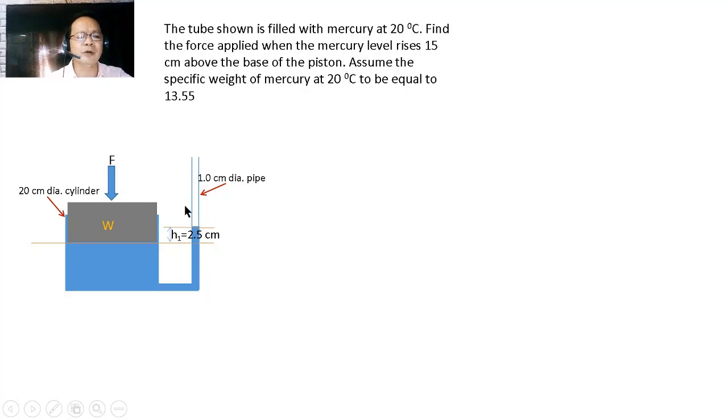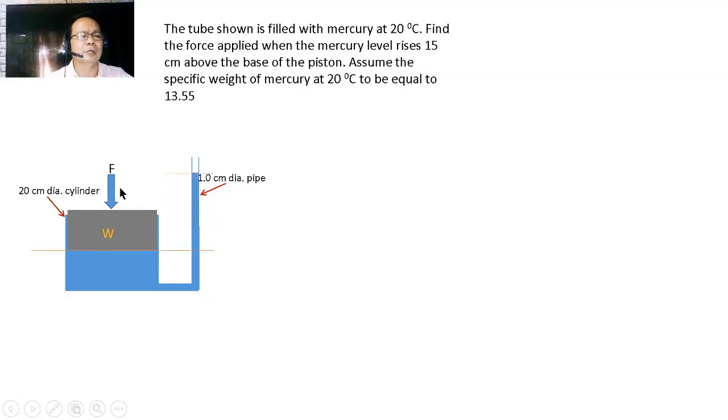from 2.5 to 15. Para maunawaan natin siguro yung scenario guys, ay ipakita natin ano ba yung mangyayari kapag in-apply natin ng force F itong piston at tumaas ngayon itong ating mercury from 2.5 to 15 mula dito sa base of the piston. And this is what will happen. Let us see the animation.